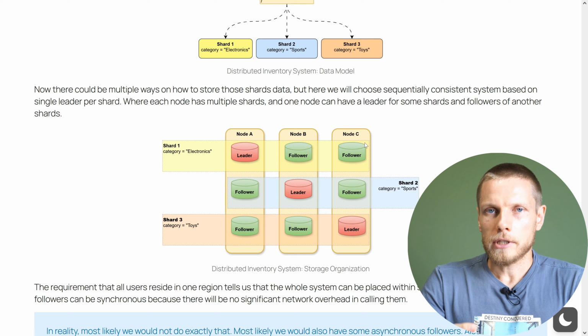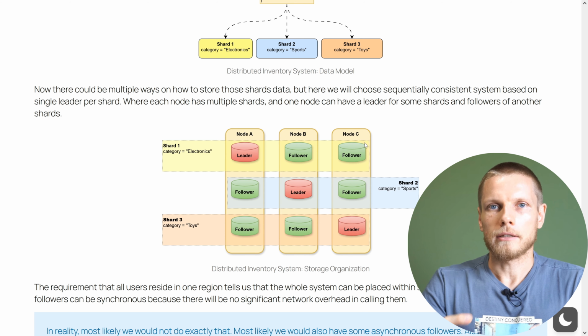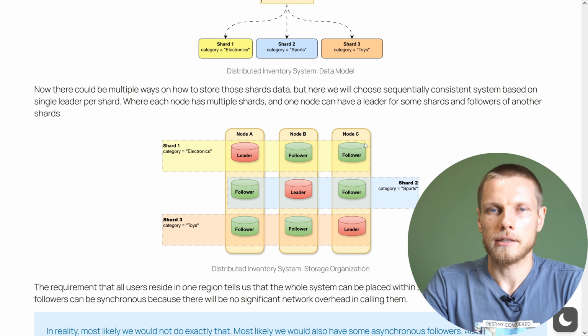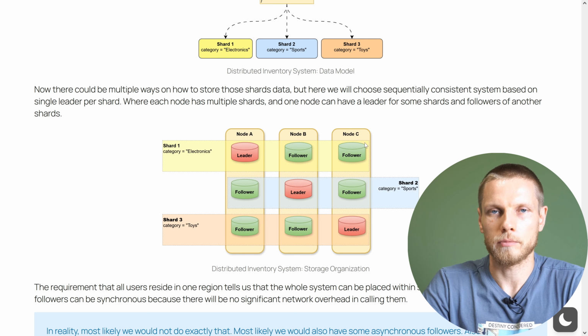So in our example, just for simplicity, all of them will be synchronous, because in the case of synchronous followers, sequential consistency is satisfied by default when we have a leader per shard approach.